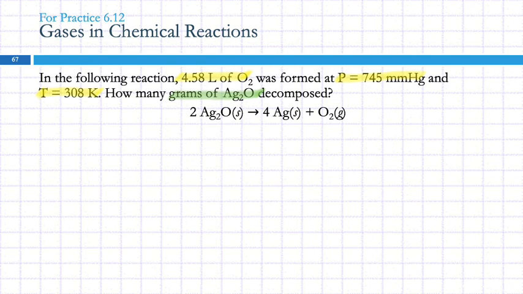This is stoichiometry. There's a chemical reaction happening, and so I like to use the chemical reaction, the equation there, to organize the numbers. So here we have a volume of oxygen. So under oxygen, I'm going to write what its volume is.